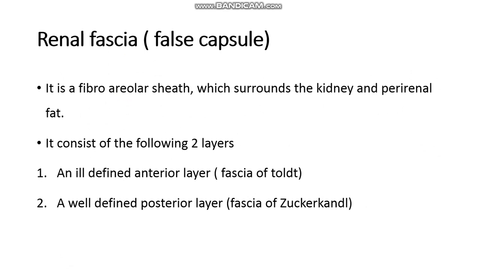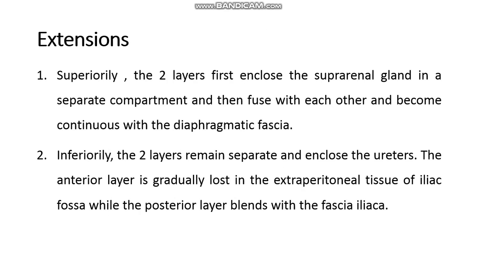It consists of two layers: an ill-defined anterior layer, or fascia of Toldt, and a well-defined posterior layer, or fascia of Zuckerkandl. So these are the two layers in the renal fascia.